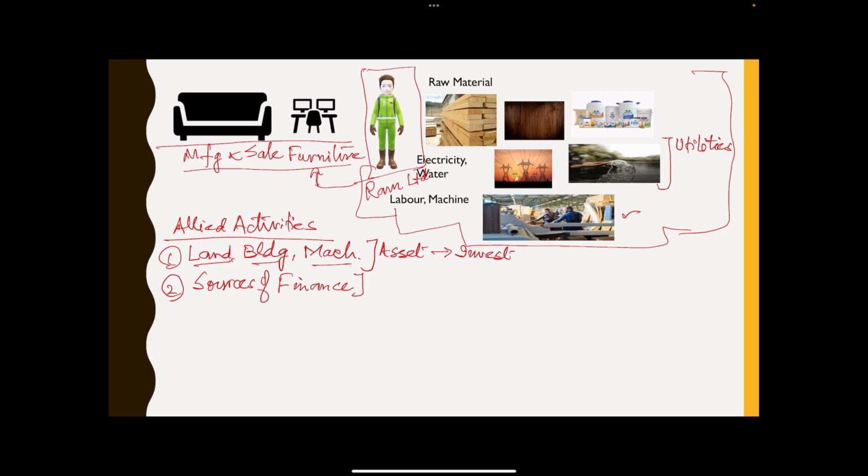Ram Limited can raise finance from various sources: they can issue shares, they can issue debentures, they can take a bank loan. All these sources of finance will be used by Ram Limited to start his business of manufacturing and sale of furniture.